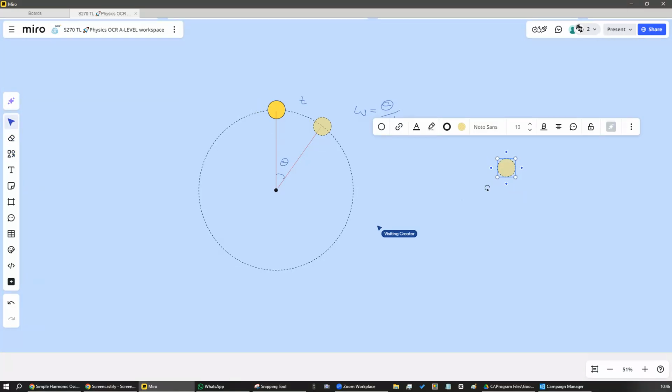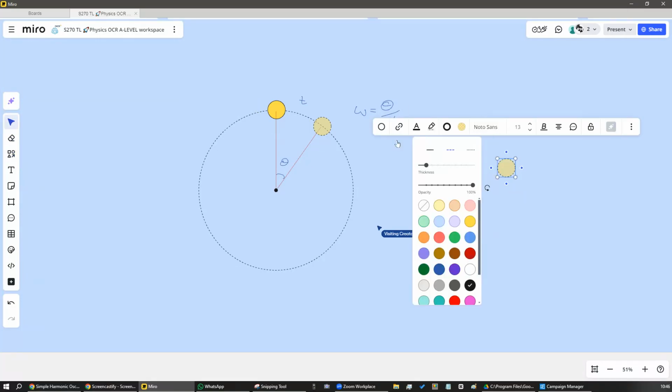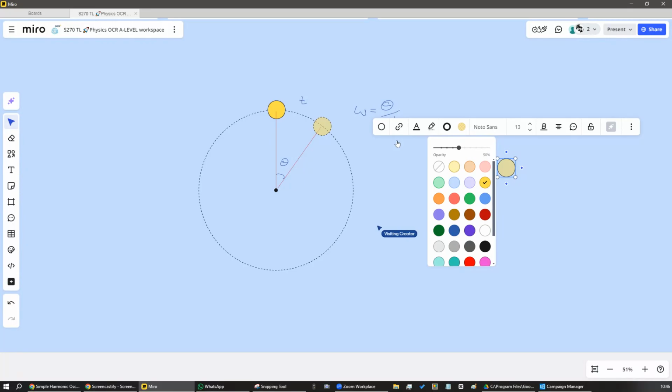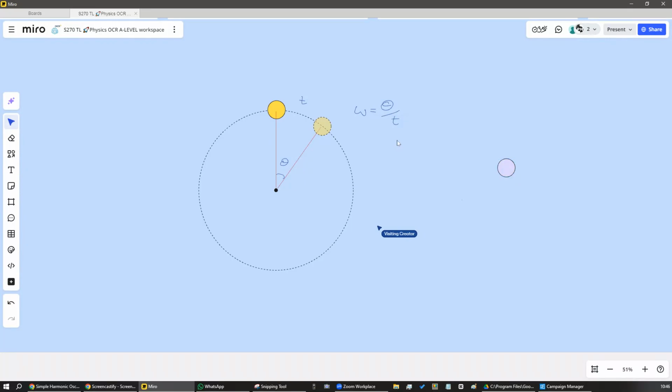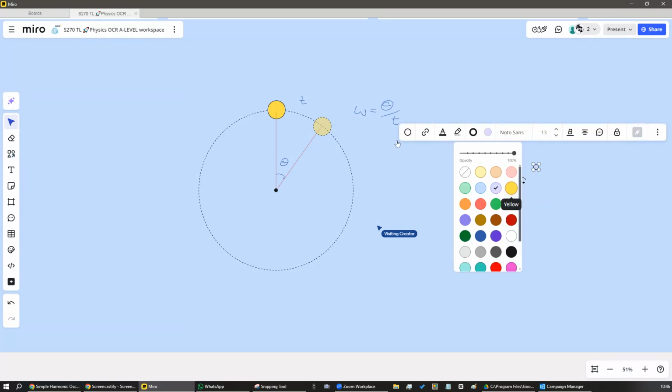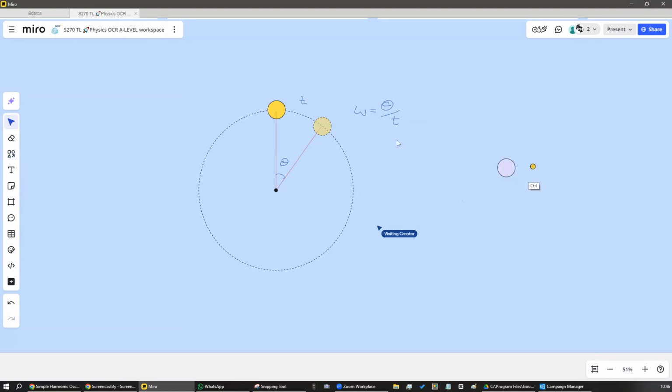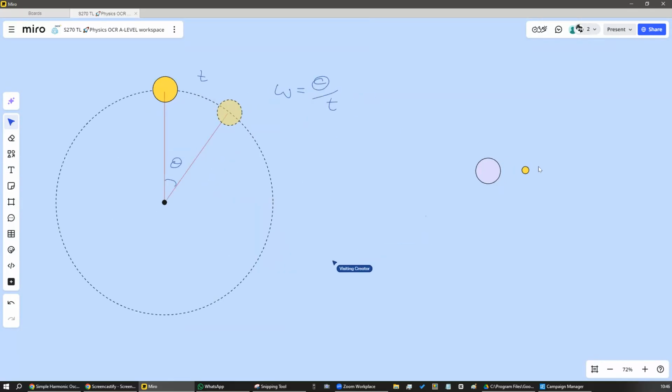So let's say I'm just going to draw a little circle here. This can represent Jupiter, and he saw these things coming off to one side, and he drew sketches of where they were at different points in time.